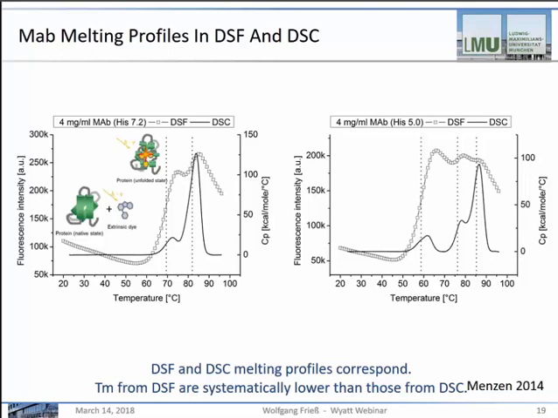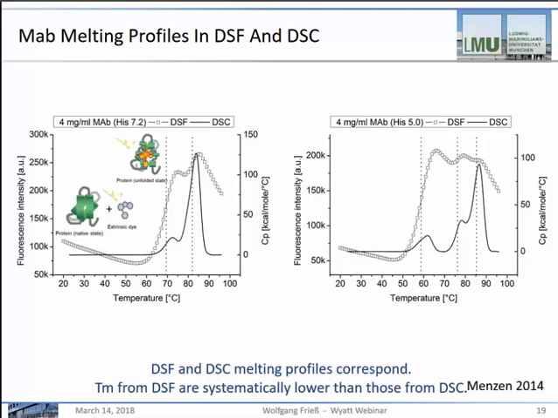Then, after unfolding of this first hydrophobic part and exposure of these hydrophobic parts, the secondary increase, the second peak, we can still detect, but not with the same sensitivity. So there's sort of, let's call it, a saturation with dye already.